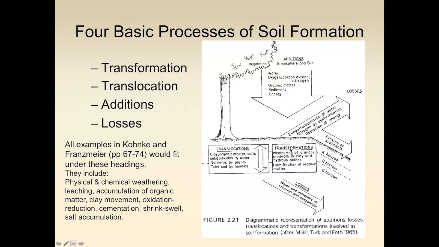So what else do we have? We've talked about transformation. Okay, we've got losses. I guess the classic loss are down here. Obviously, water is going to work through that soil profile and go into the groundwater system, and so water will carry with it a lot of ions.